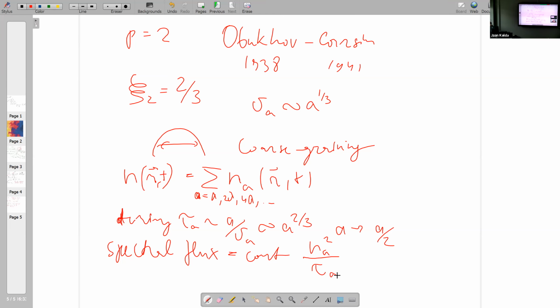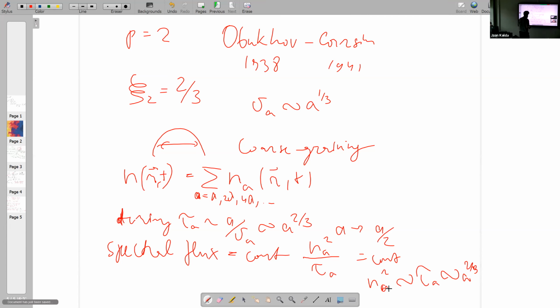This is the main idea here, and also the main idea of how to derive the Kolmogorov law. So this is constant, which means that n_A squared must be proportional to tau_A, which is proportional to A to the power of 2/3. But n_A squared is just the concentration difference between this point and the point at distance A apart.